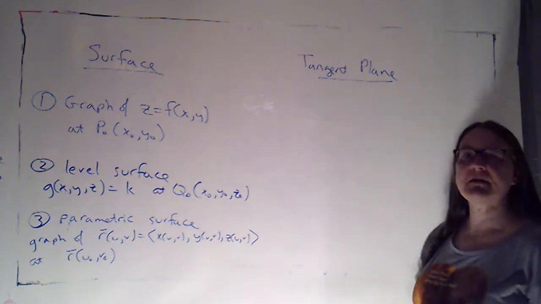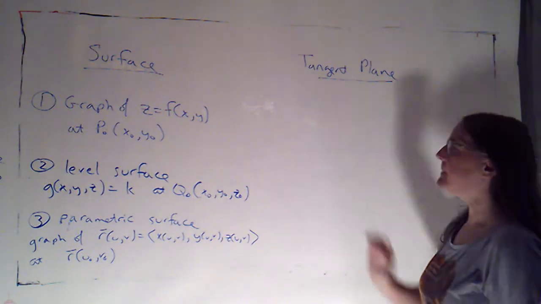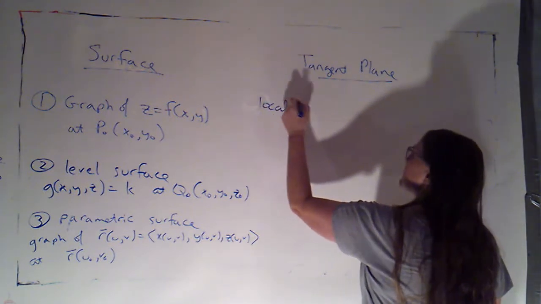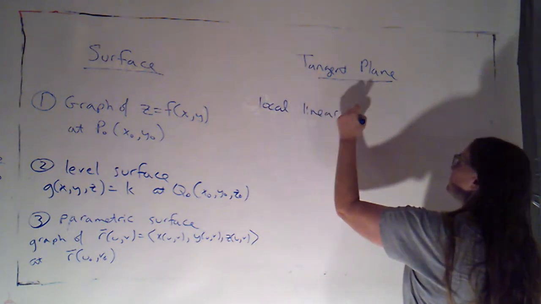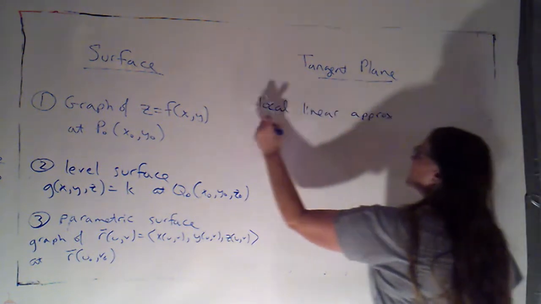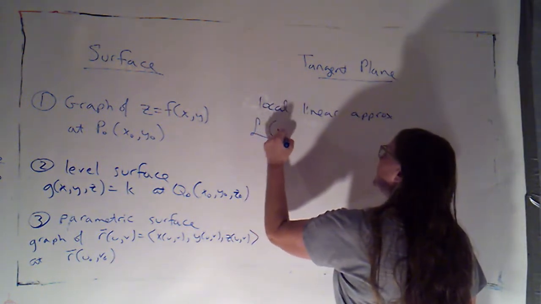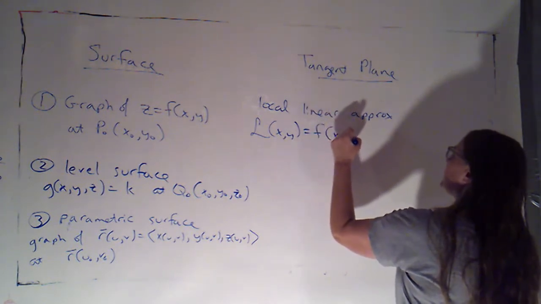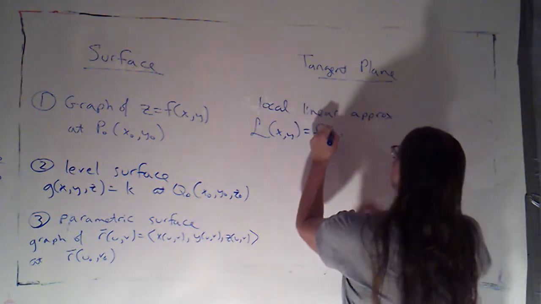How do we describe the tangent plane? Well, if I'm looking at the graph of a function, I can just use the local linear approximation. So that was where we had our L of x, y is equal to f at x naught, y naught. Let's just write p naught, it's faster.